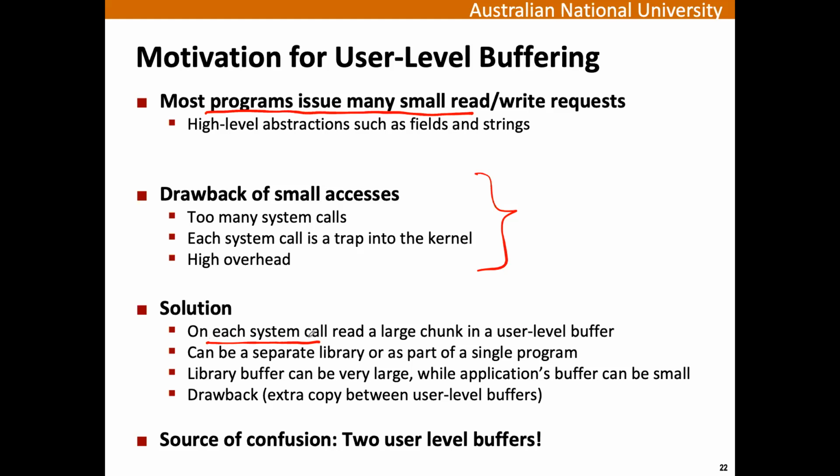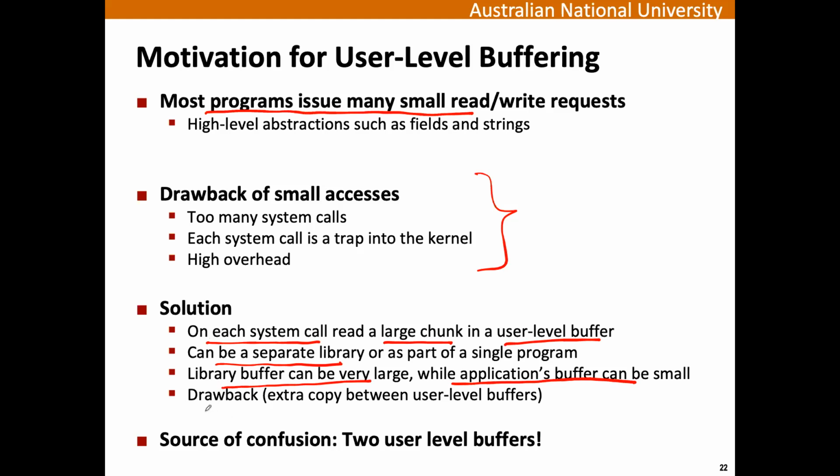You try to read a large chunk into a user level buffer. This buffer can be a separate library, or it could be part of the program that the programmer is writing. The library buffer can be very large, while the application's buffer can still be small.